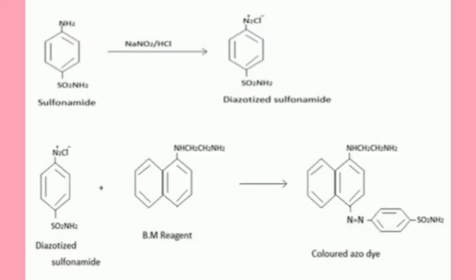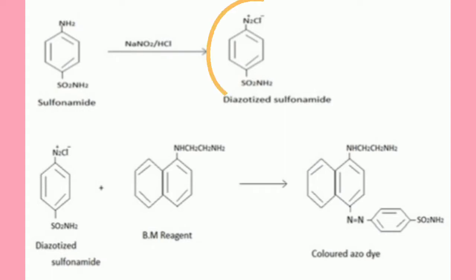So this is the mechanism of reaction of sulfonamide with the BM reagent. Sulfonamide is an aromatic amino group containing compound. Usually these compounds are diazotized with an aqueous solution of sodium nitrite and hydrochloric acid. In this first reaction, the colorless diazonium salt, the diazotized sulfonamide, is formed, which is very reactive.